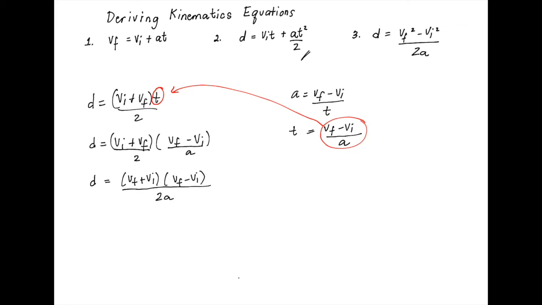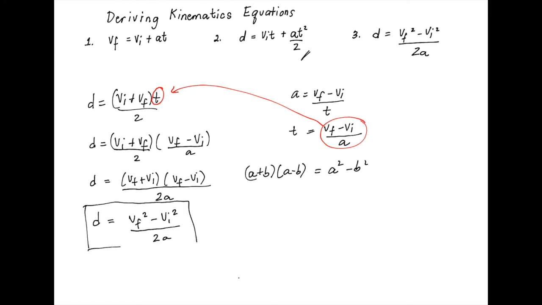Remember, in our algebra class, a plus b multiplied to a minus b is a special product, a squared minus b squared. Therefore we have Vf squared minus Vi squared all over 2a. And this now is our equation 3.